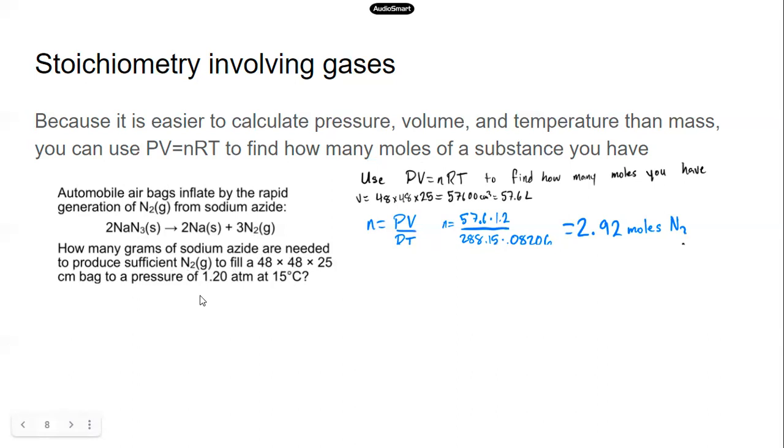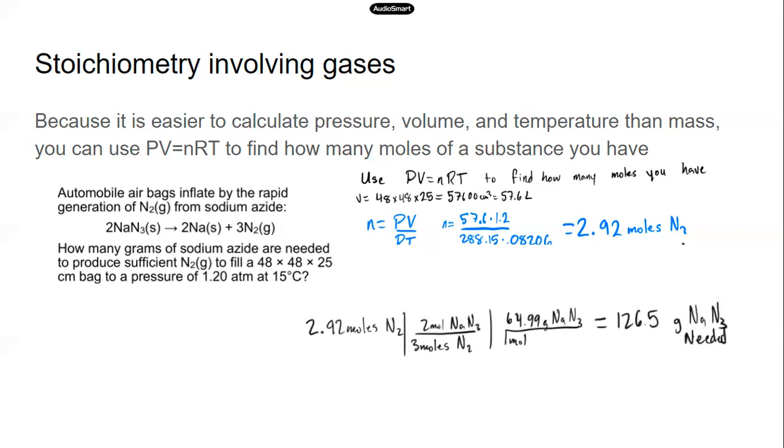And then you just use your molar ratio, which is going to be 3 moles of N2 is equal to 2 moles of NaN3. And then you use your molar mass to figure out how many grams are needed.